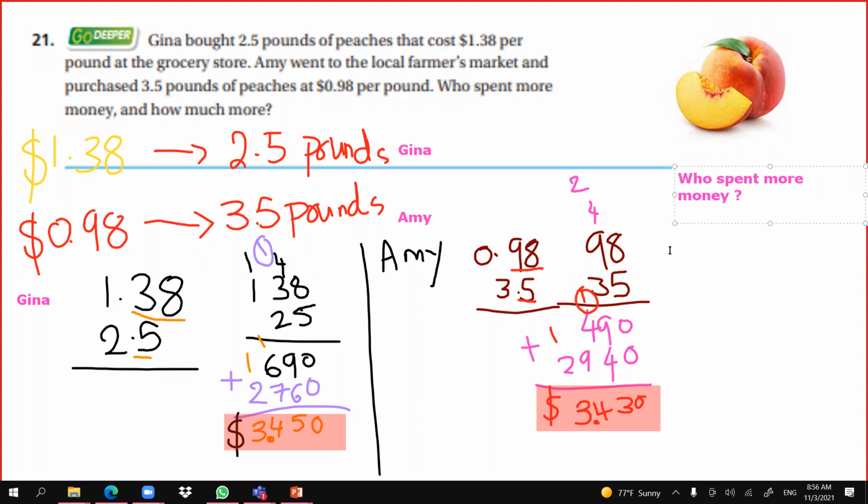So Dina said, since 3.450 is greater than 3.430, who paid more money? Is it Amy? Yes. Is it clear, girls?